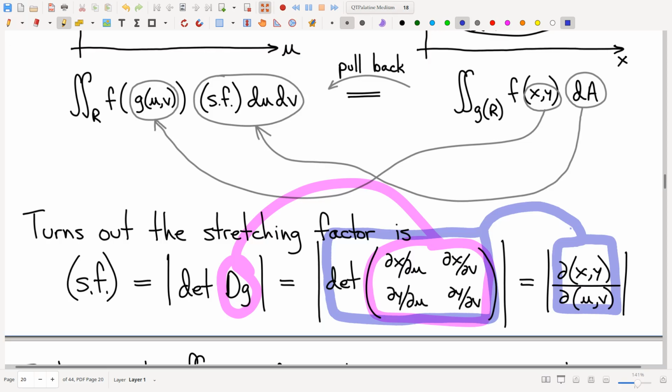But the motivation for this, I think, is pretty easy to argue, and that is, well, we are literally taking the partials of x and y. And we're taking those partials with respect to u and v. And so if you were to look at this matrix, the partials of x and y with respect to u and v, this is about as compactly as you're going to write that.